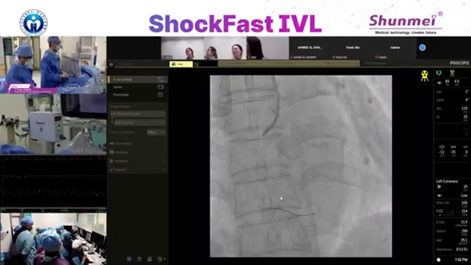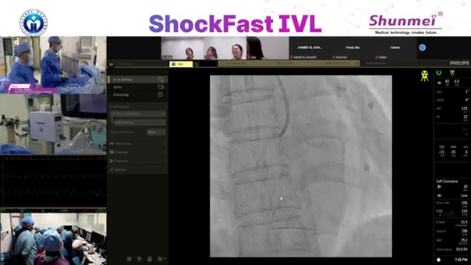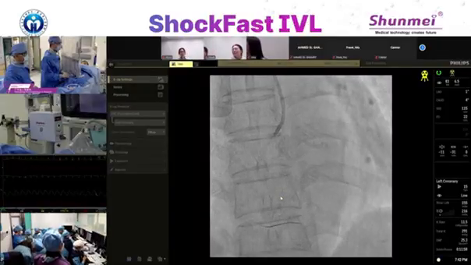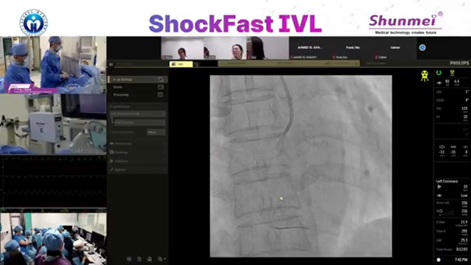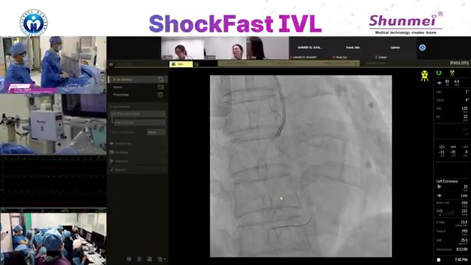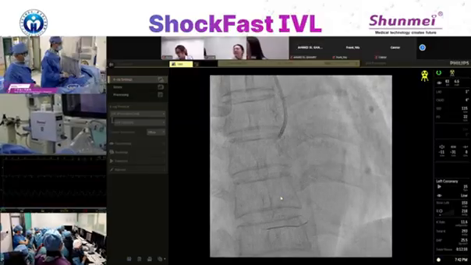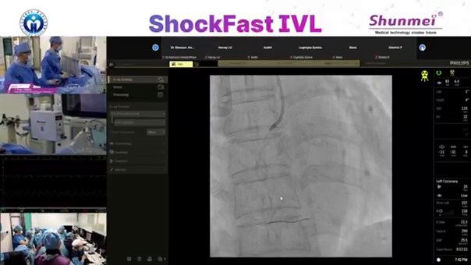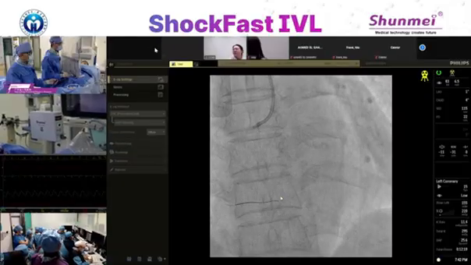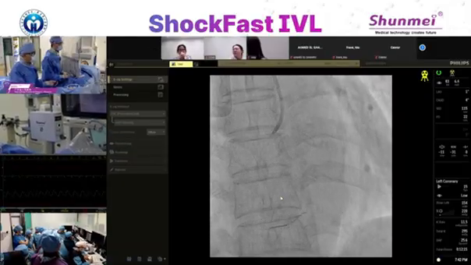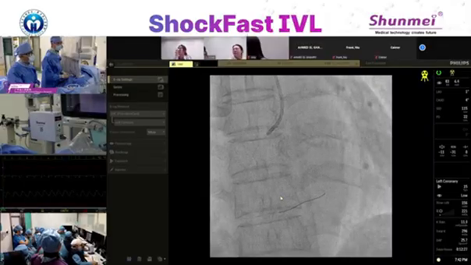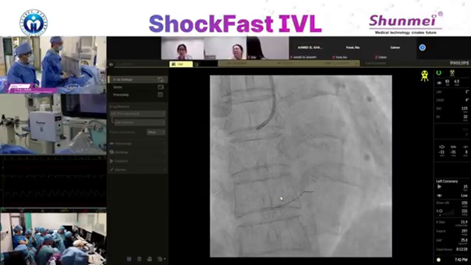To cross the distal stenosis, since this is an IVL balloon with electrode inside the balloon, a bigger profile, and also this is a second-hand balloon, it's hard to deliver the wire to the very distal.